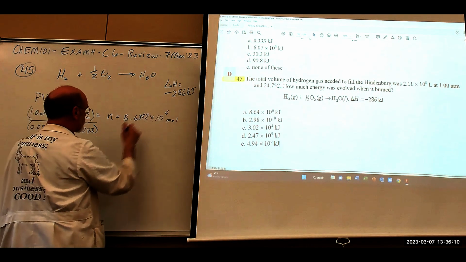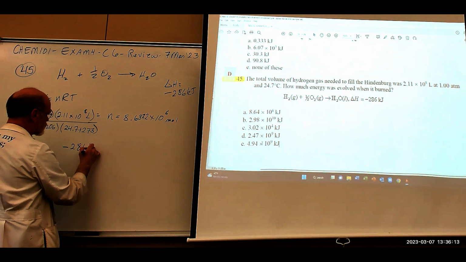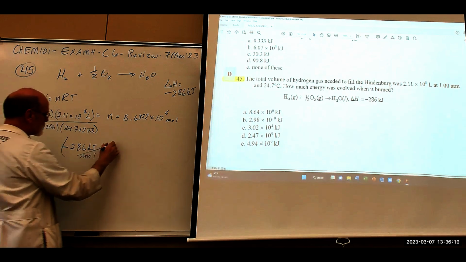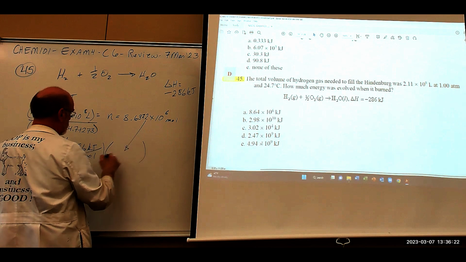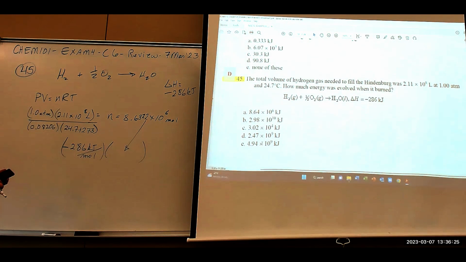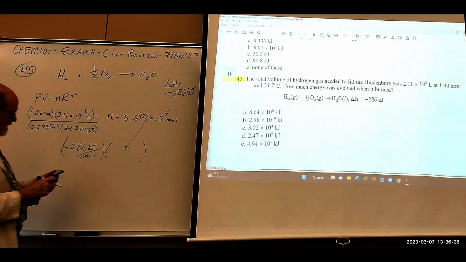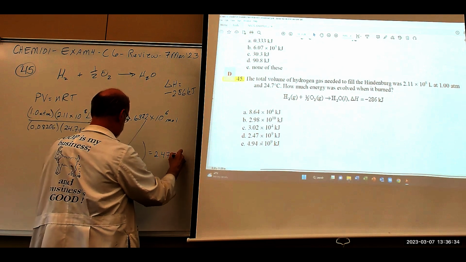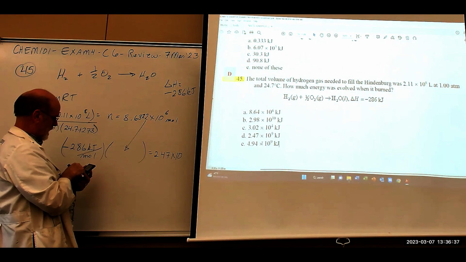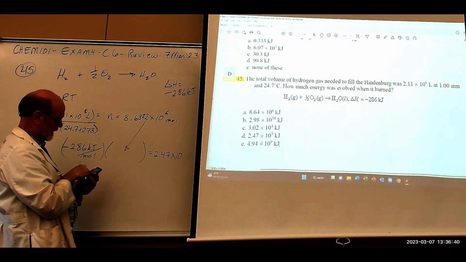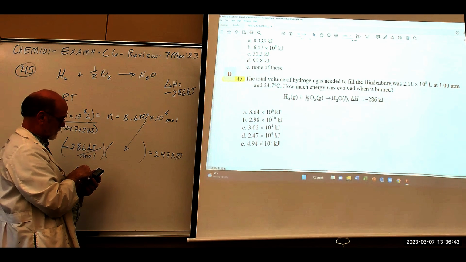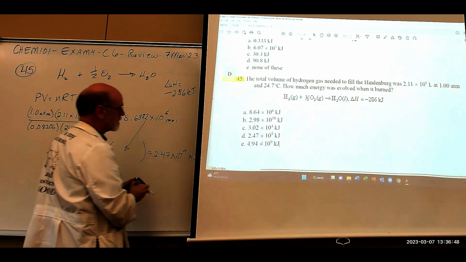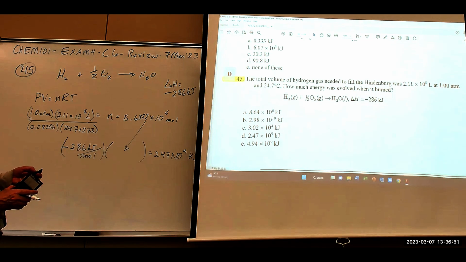So if this is minus 286 kilojoules per mole based on this equation, then we just need to multiply this one times that one. And I get 2.47 times 10 to the, I don't have my scientific notation plugged in here, so I have to count 1, 2, 3, 4, 5, 6, 7, 8, 9 kilojoules. There it is.